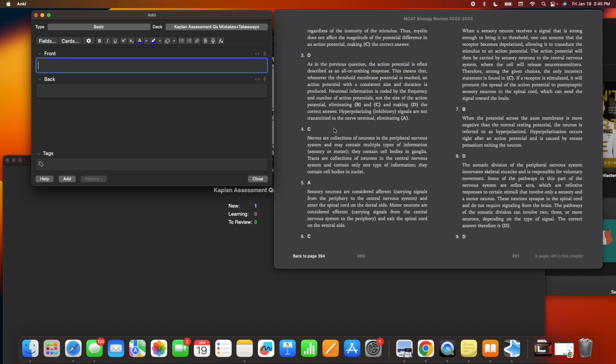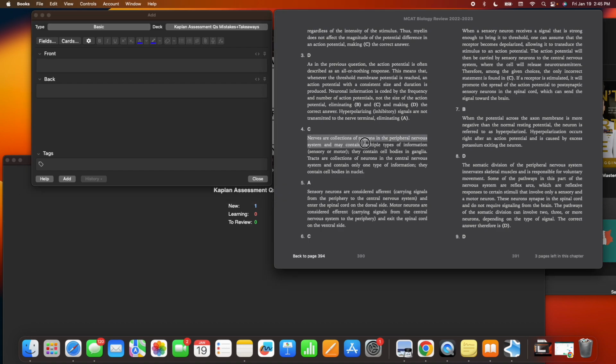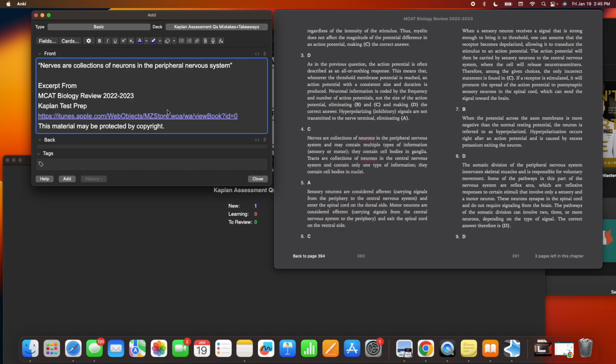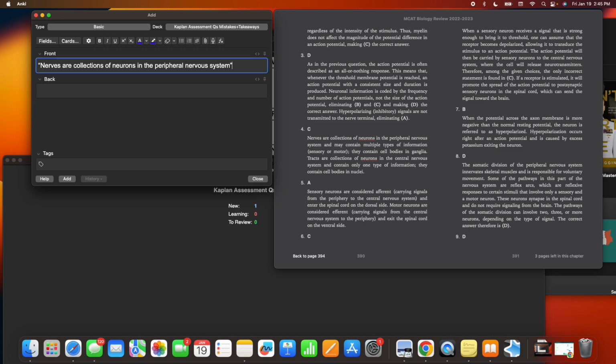Nerves are collections of neurons in the PNS or CNS.